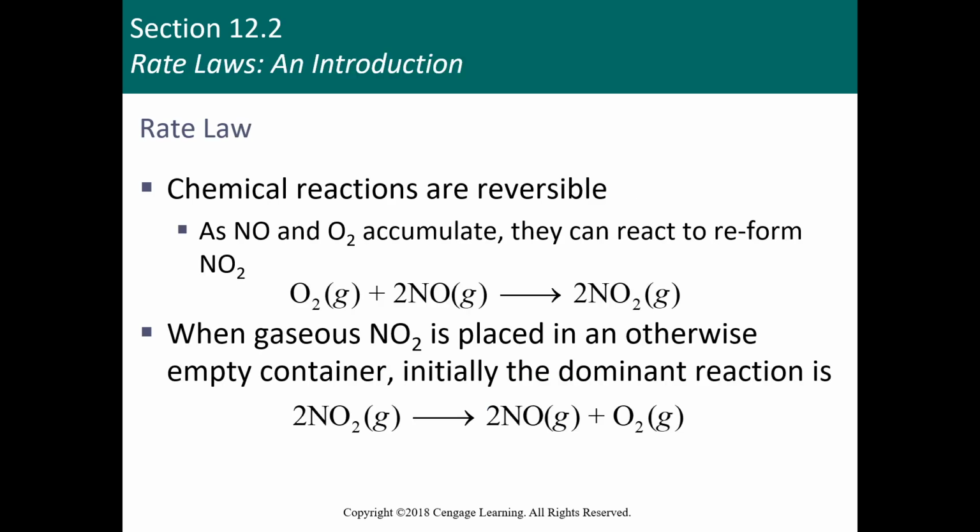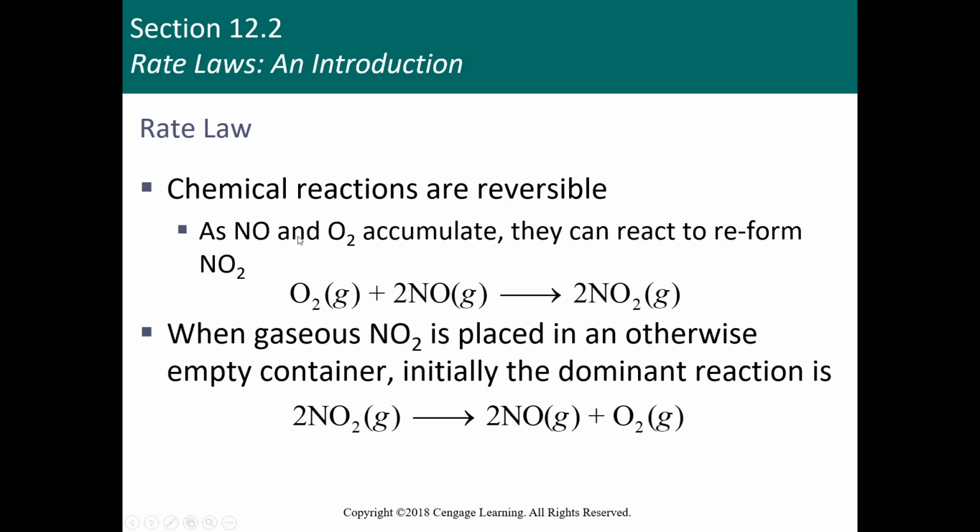Okay, so rate law. Chemical reactions are reversible. Most chemical reactions are going to be reversible. The ones that are irreversible typically actually are due to the fact that the gas escapes and you can't get back. That's the majority of irreversible reactions right there.